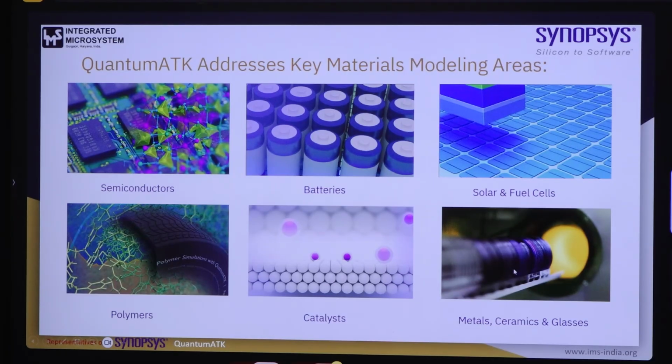Now, if we talk about metals, ceramics, and glasses, you can design glasses with optimized optical and mechanical properties and thermal transport at the crystal and glass interface, and you can also predict the electronic, mechanical, and other properties of metals.